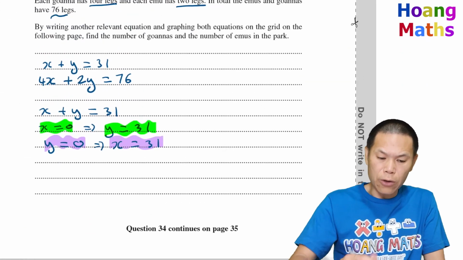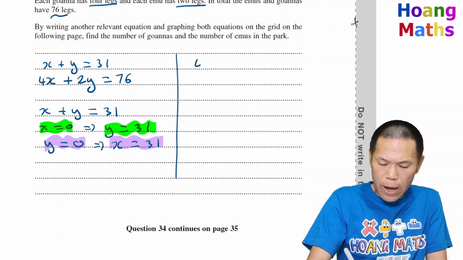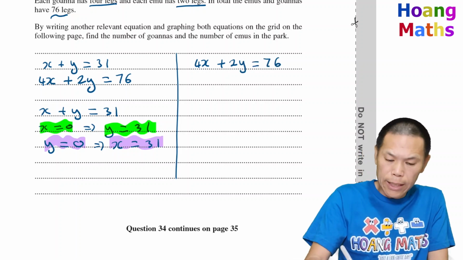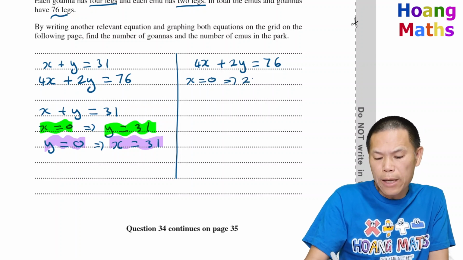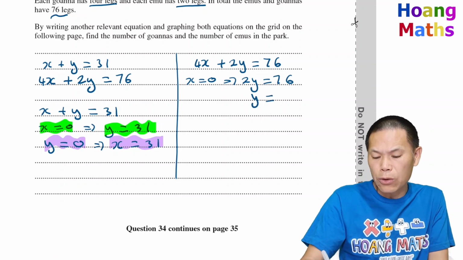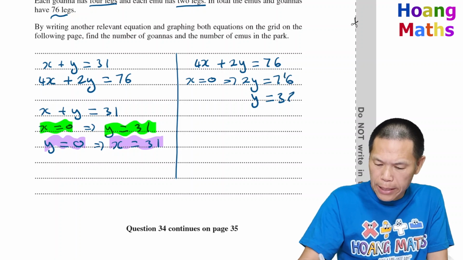Now let's go into the second one. Let me just write on here, okay? 4x plus 2y is 76. When x is 0, that means 2y is equal to 76. If I divide this by 2, y must equal 38.